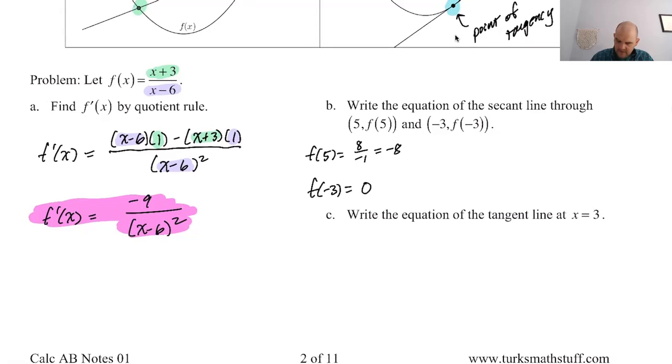So that's good. So then the slope is going to be f of 5 minus f of negative 3 over 5 minus negative 3, which is negative 8 minus 0 over 8, so negative 1.